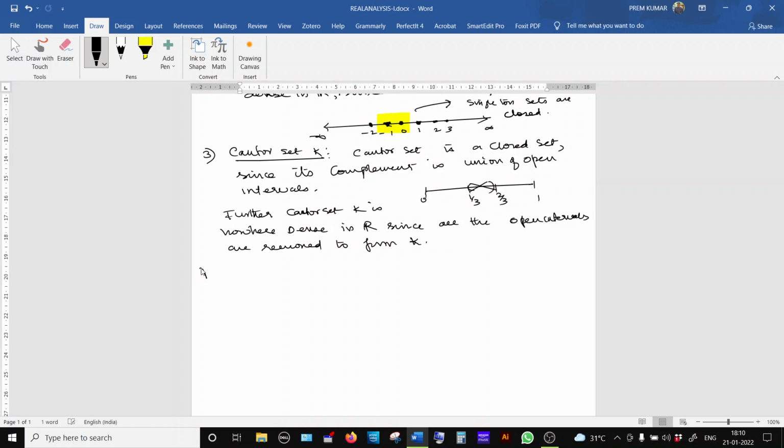So these are the things. And now the next definition we are going to check. What is a set of first category? What is a first category set and a second category set in R1? That is the next definition.